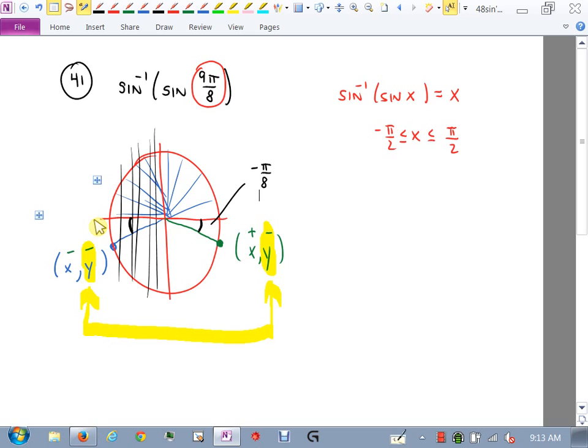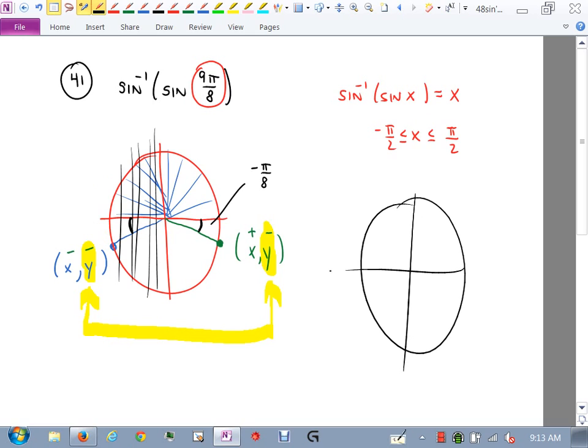It goes back to how we did when we were taking our common angles, and we start out with pi over 6 was our first one. Then we could count out how many? 2 pi over 6, which was the same as pi over 3. And then we did 3 pi over 6 was straight up and down. But 3 pi over 6 is 1/2 pi, or pi over 2. And we counted our way around. I'm doing the same thing. 9 pi over 8 means I'm going to cut pi into 8 sections and start counting around.